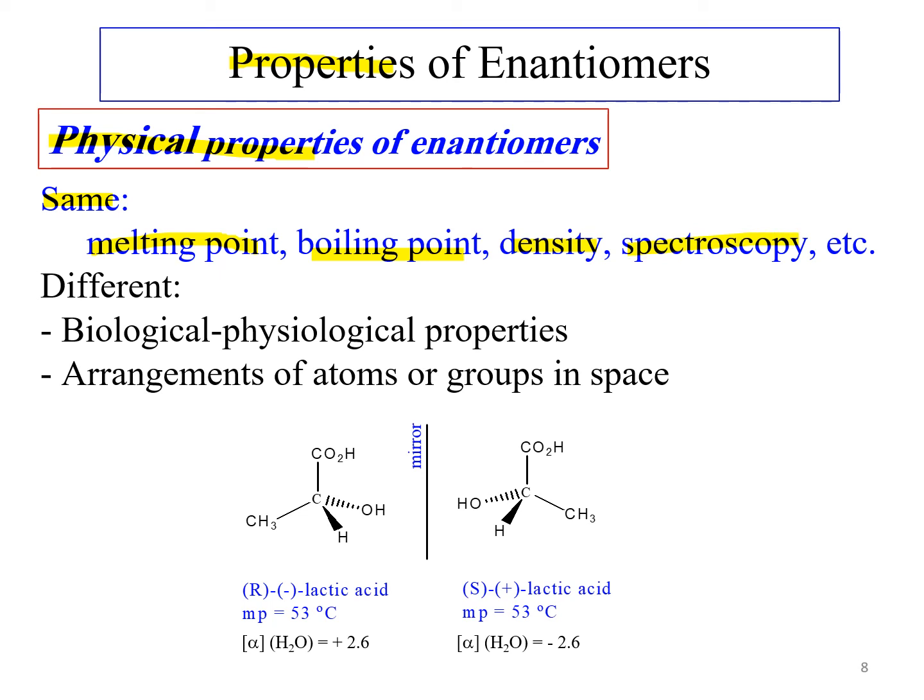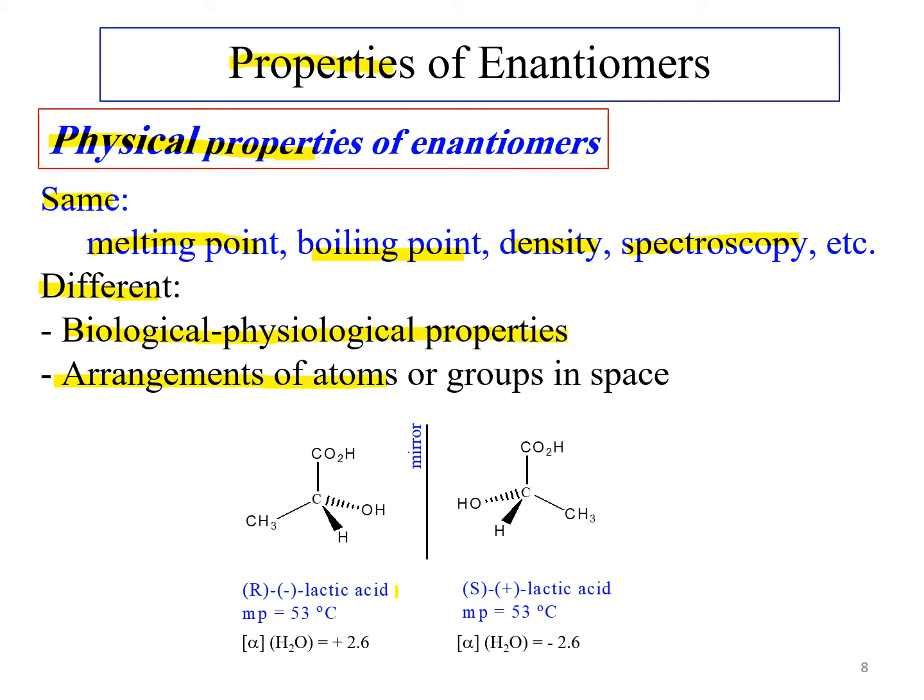So the main physical properties are always the same for both the S and the R variety, and the difference is usually the biological and physiological properties, or you can say their function can be totally different inside the body, and the arrangement of atoms or the group of atoms in space will also be different. Obviously, that is why they are the enantiomers.